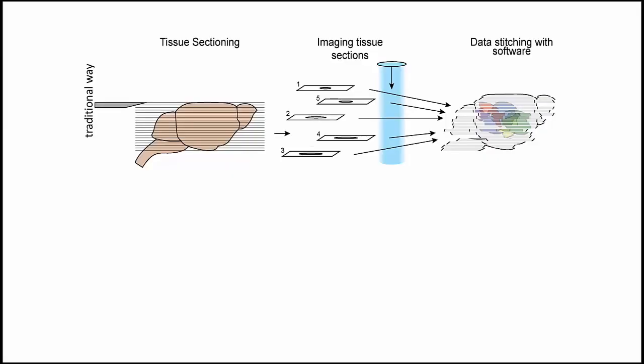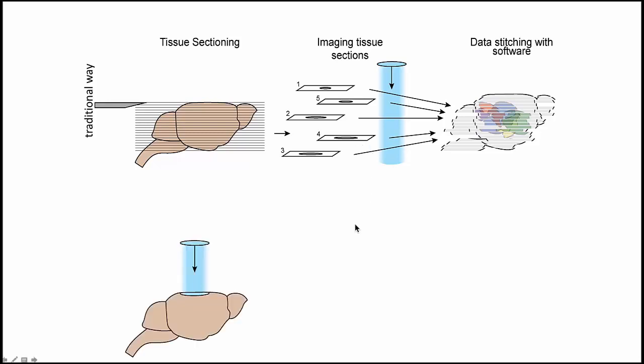If we were to use traditional methods like tissue sectioning, where we make hundreds and thousands of sections of tissue, image them one by one and stitch them together to make a mapping of the brain to analyze the circuitry, we know that this is very, very laborious and time consuming, and it's mostly not complete because of distortions during cutting or staining or imaging. Then also putting all this data on the computer is almost impossible.